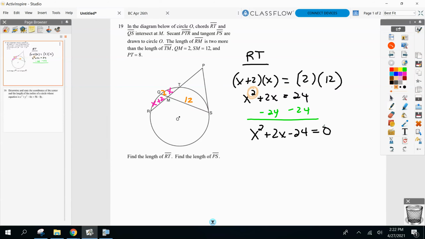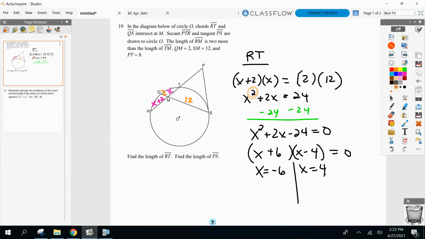You will have the quadratic formula available to you tomorrow, either on a reference sheet or, if you're taking it at home, on the top of the formative test. I'm not going to use the quadratic formula for this one, absolutely not. Two numbers that multiply to negative 24 but add to 2: positive 6, negative 4. Here we go. x equals negative 6, x equals 4.